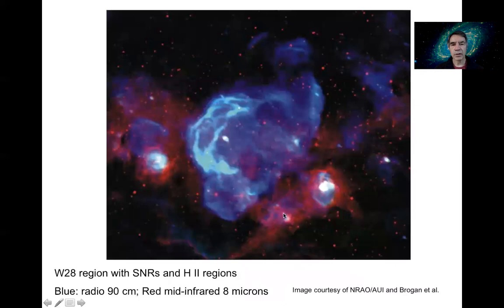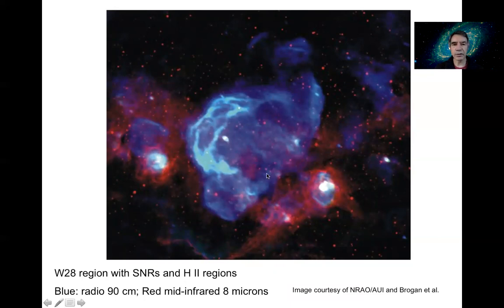Here's another composite picture. This is going to take us forward in the module a little bit as well. Now the blue is radio emission at around a meter wavelength, and the red is infrared emission, which we haven't come onto yet, but let me just illustrate this. This image contains both supernova remnants and H2 regions. The supernova remnant is the main source in the middle.